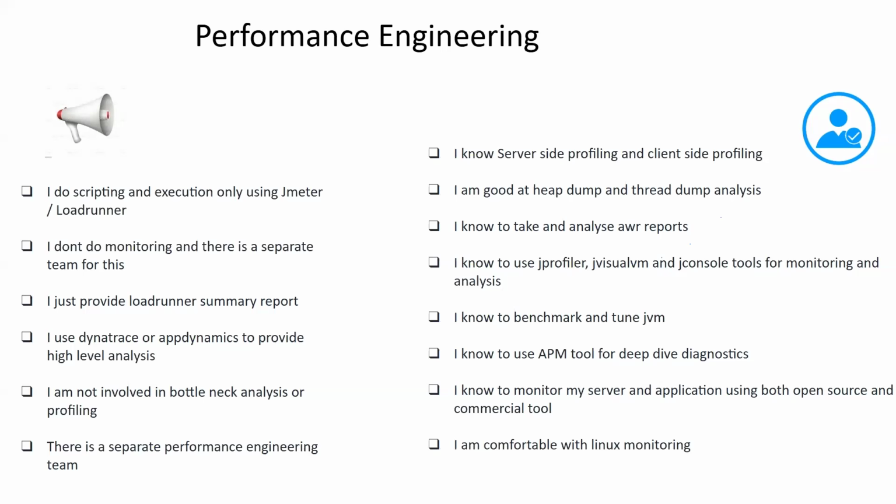You might be doing some level of analysis using Dynatrace or AppDynamics, and then some basic monitoring, or you might have a separate monitoring team who will do this, right? So in the majority of organizations, when it comes to performance testing, that's how the typical scope of work will be: getting a requirement, creating a script, executing it, analyzing your tool report, and then providing that to your project team.